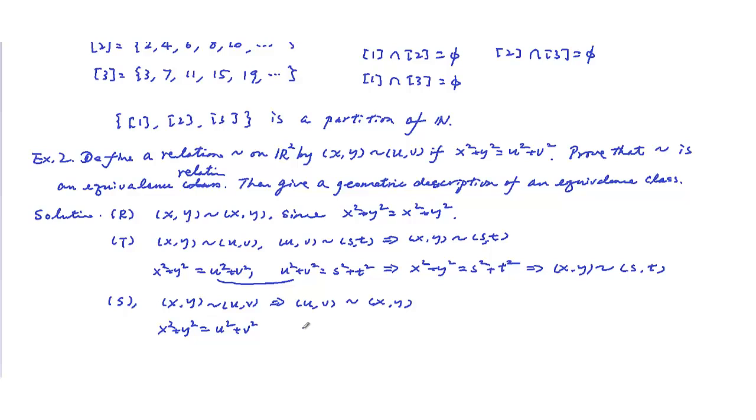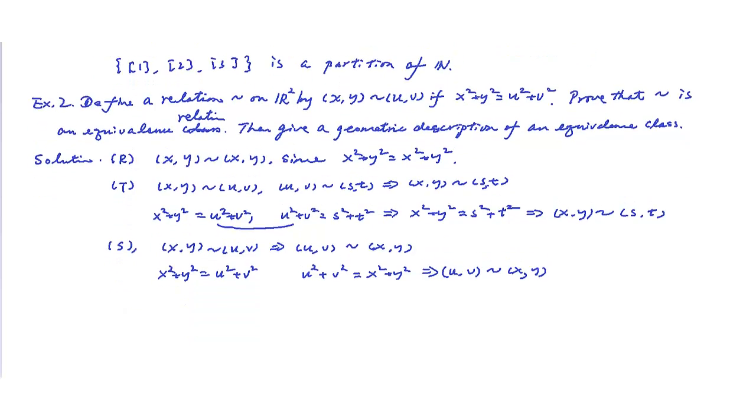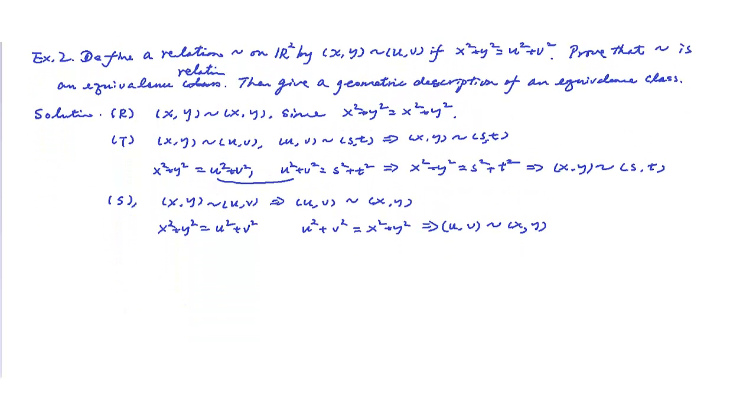But equality can switch. So u squared plus v squared equals x squared plus y squared. Therefore, we have (u,v) is related to (x,y). So now we have verified all three properties. Therefore, this is an equivalence relation.